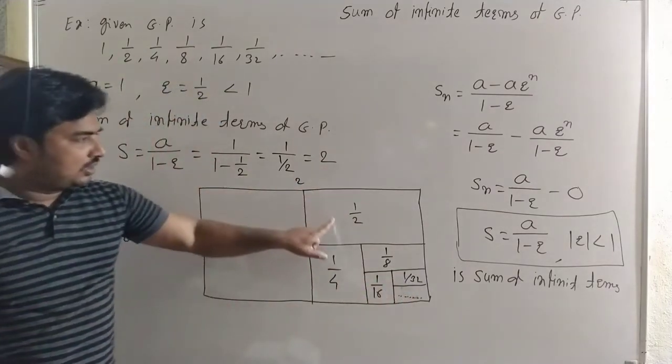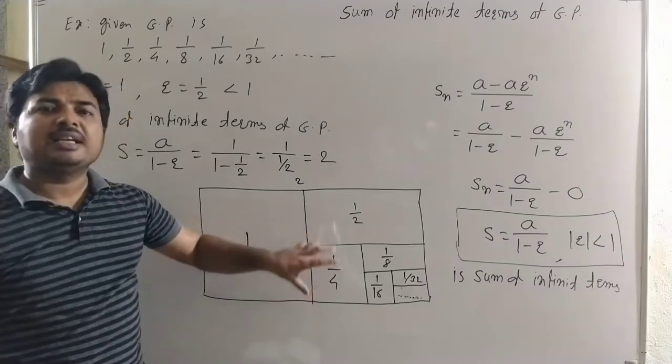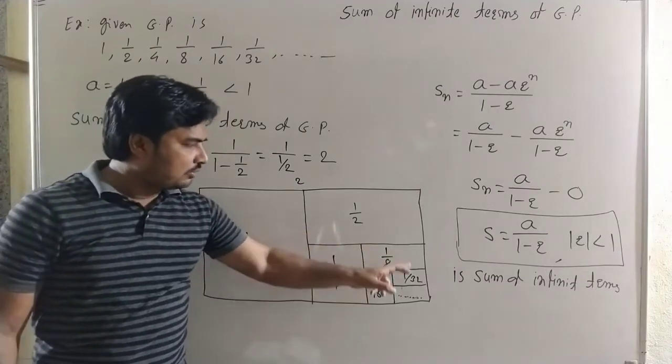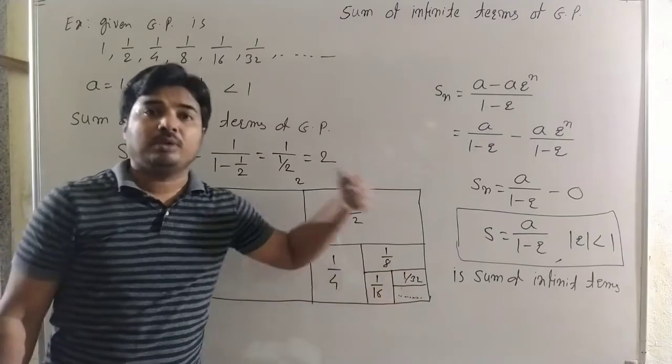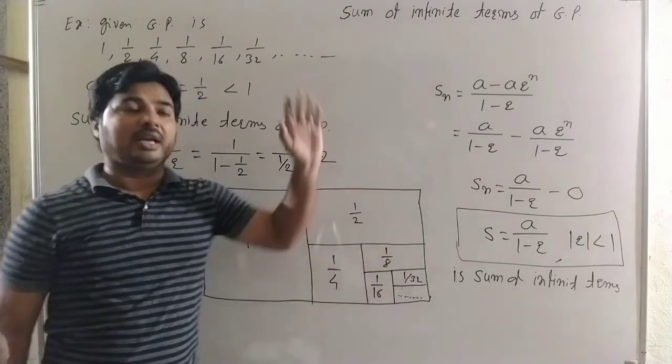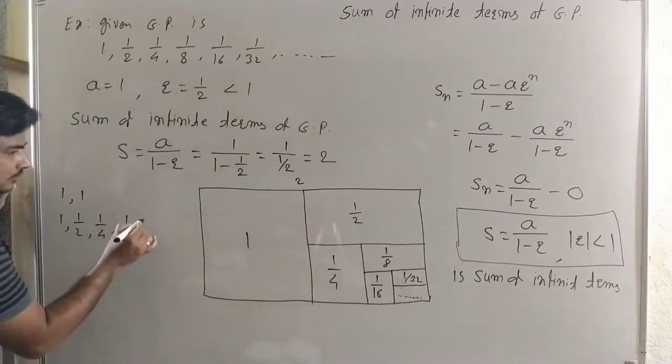It is 1, it is 1 by 2, then 1 by 4, it is the area. It is 1 by 8, 1 by 16, 1 by 32, again 1 by 64, 1 by 128, like that up to infinite time. That means we got a sequence here.